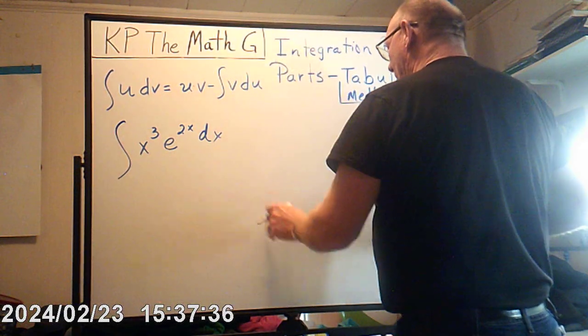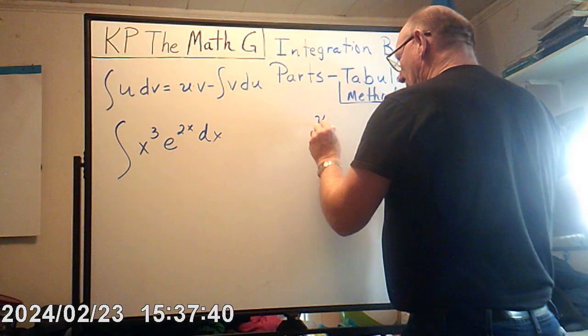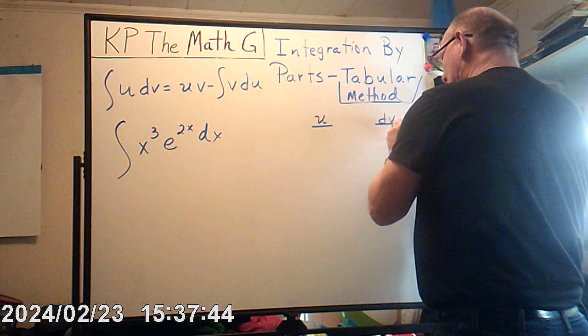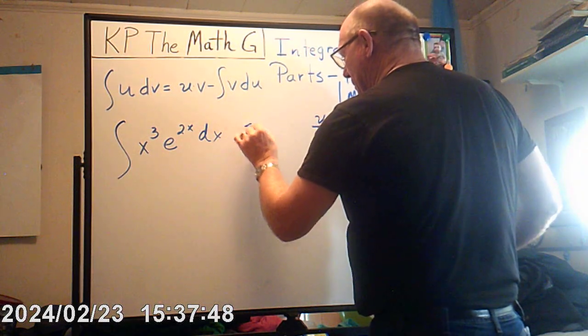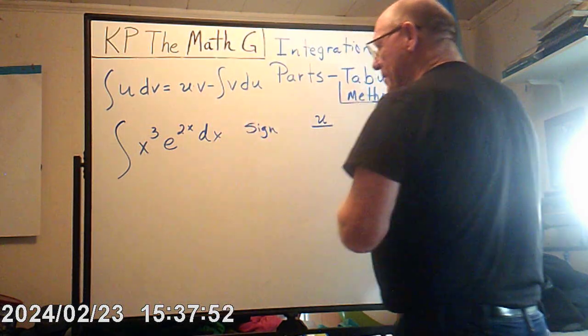Now remember, I always like to do this: u, and there is dv. In this case we're going to say sine also, so the sine is important.